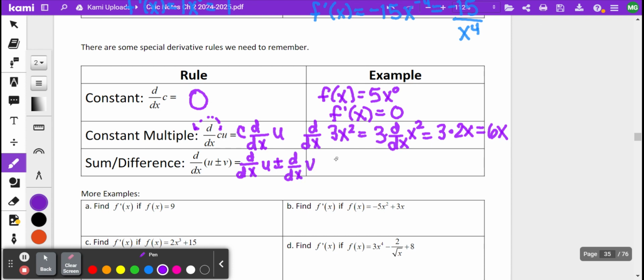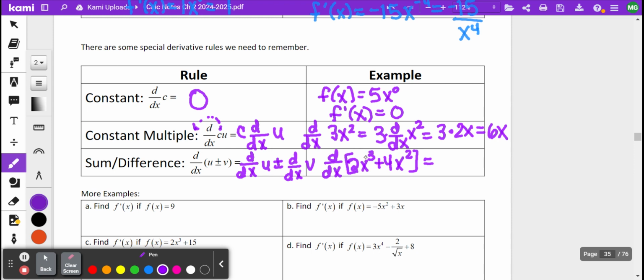Okay, so the example here would be if we wanted to find the derivative of 2x cubed plus 4x squared. Okay, we'll just take the derivative of 2x cubed.